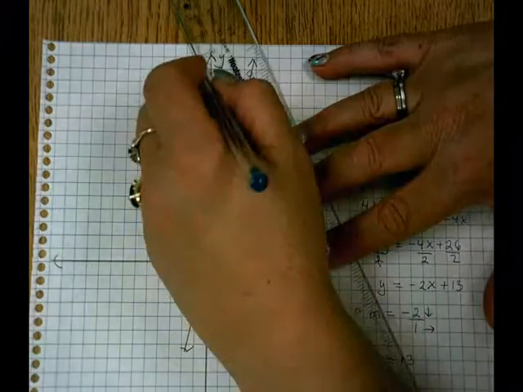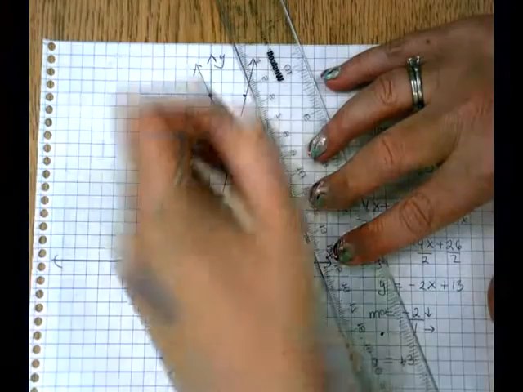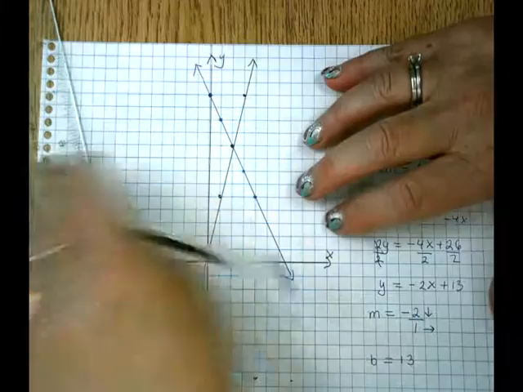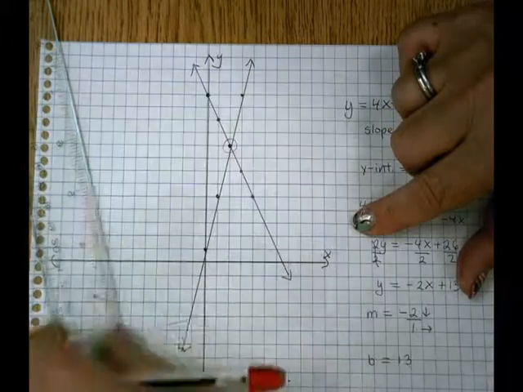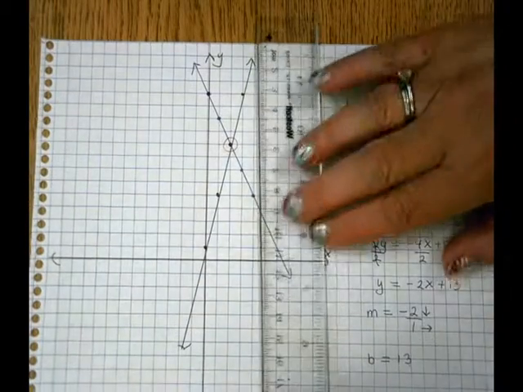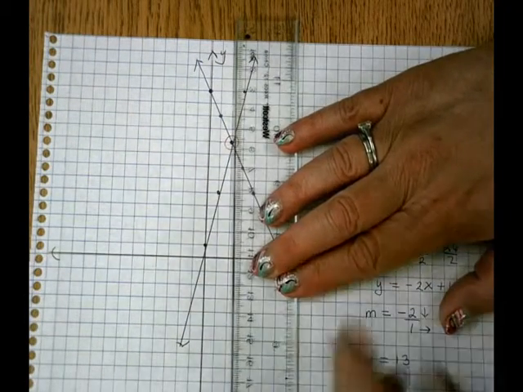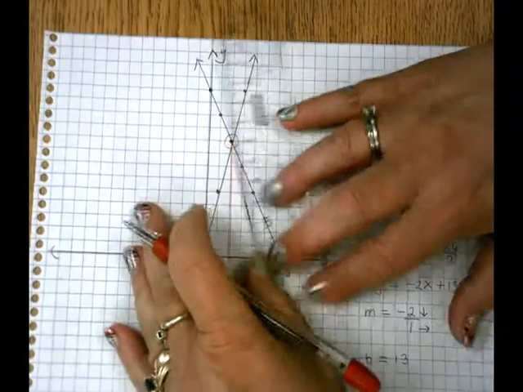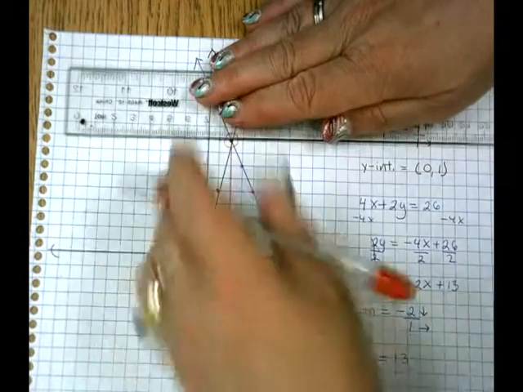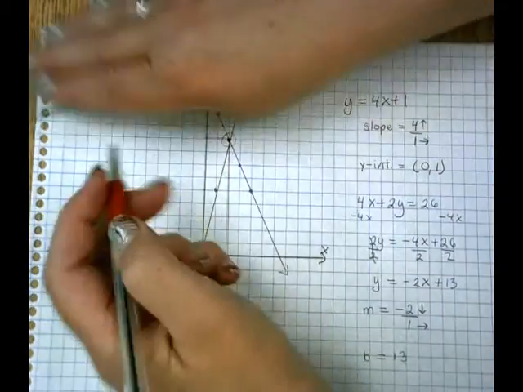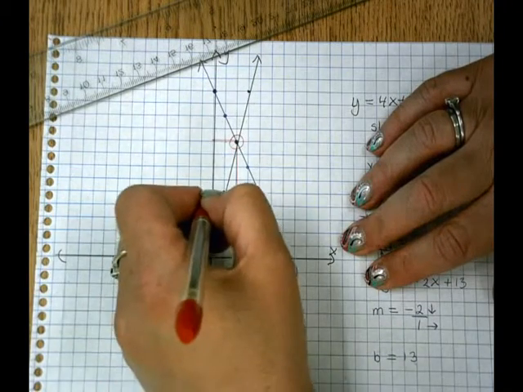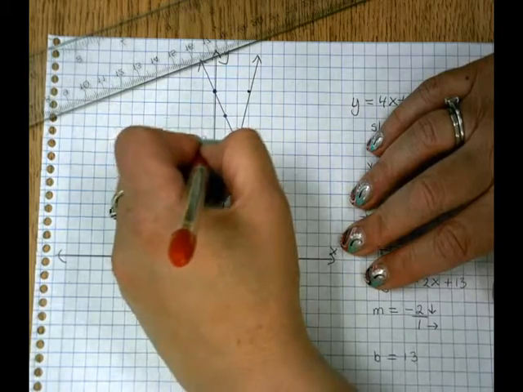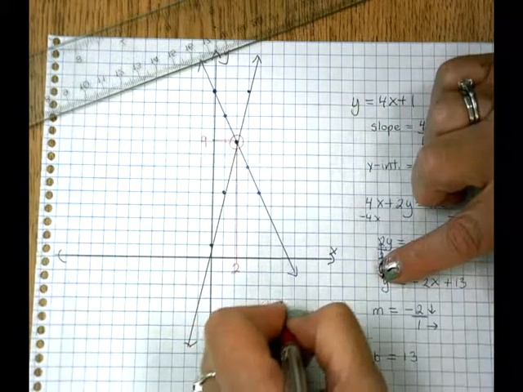And you will notice that when I draw the two lines, they intersect at only one point. That point is right here. Now, if I look at what the coordinates of that point are, I'll see that the coordinates are 2 and 1, 2, 3, 4, 5, 6, 7, 8, 9. 2, 9.